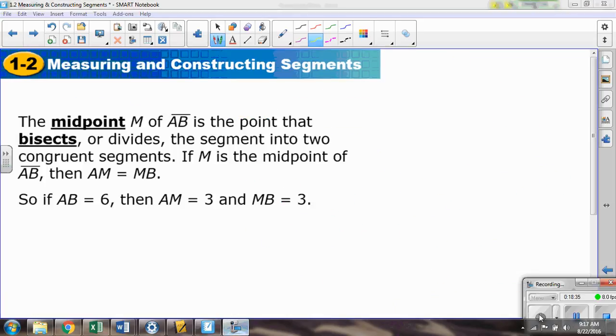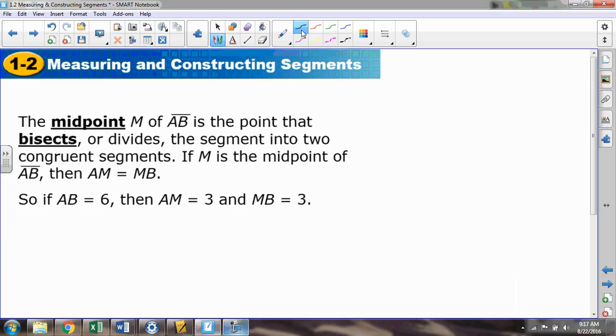Continuing further, the midpoint is a special type of betweenness. In particular, a midpoint cuts a segment in half. And when you cut something in half, we call it bisecting. So, in terms of a drawing, we can have the segment AB, which has a total length of 6.